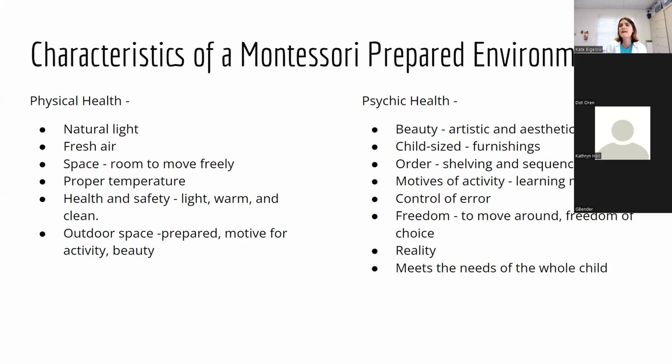We're also looking at some psychic health of children in the Montessori prepared environment. Again, I mentioned beauty. In a Montessori prepared environment, we encourage our children to direct their own learning, the same as you would be doing at home. We ask each of our children to make choices about what they might want to work on or what they'd like to learn more about, or choose materials based on their interests.